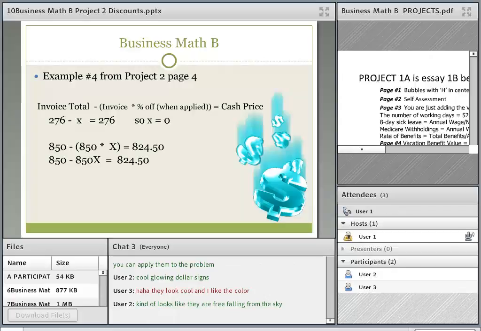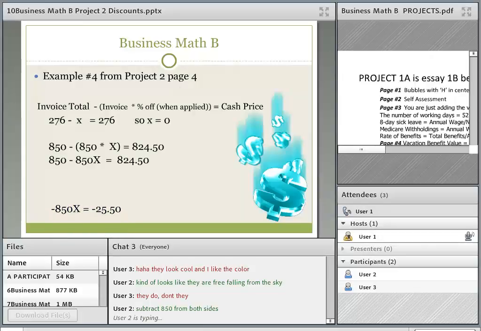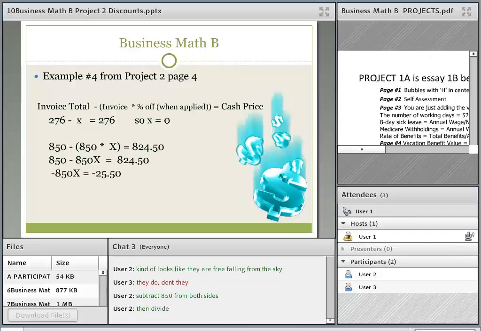What do you think we're going to do next in this algebra problem? What's the next step? Yep, subtract the 850 from both sides. Very good. So once you subtract 850 from the left and the right, you'll end up with the negative on the right side. So it's a negative 850.